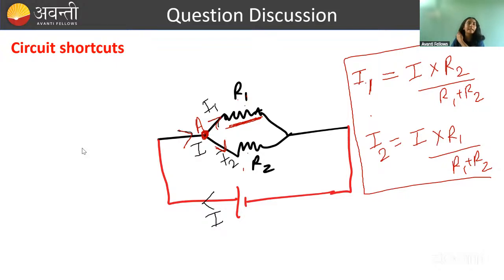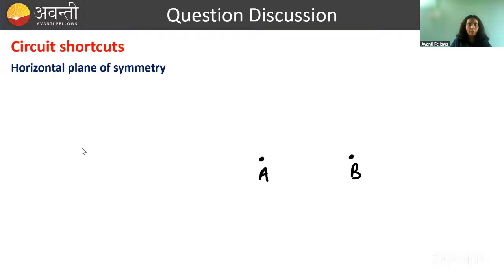This is the shortcut we will be using a lot while solving questions. Where it comes from, I will also show you using KVL, but for now you should have an idea that this is how we can write it. Okay? Chalo, there are certain more shortcuts: horizontal plane of symmetry and vertical plane of symmetry, for solving complex circuit diagrams. So what is this horizontal plane of symmetry?